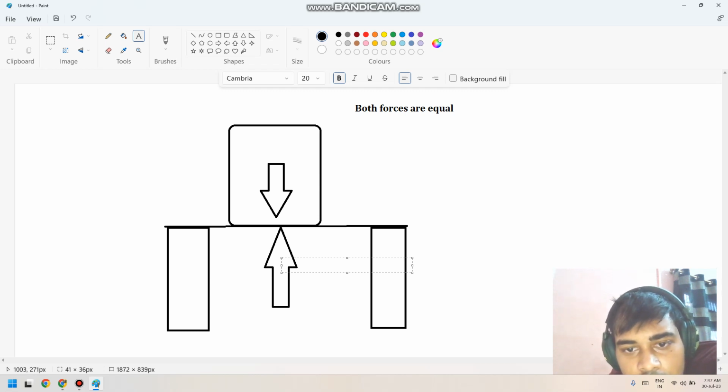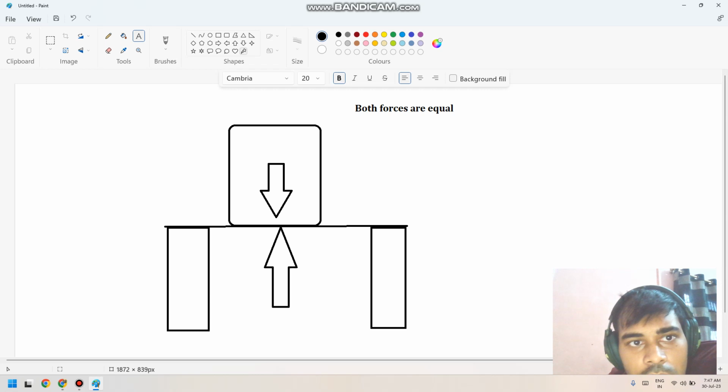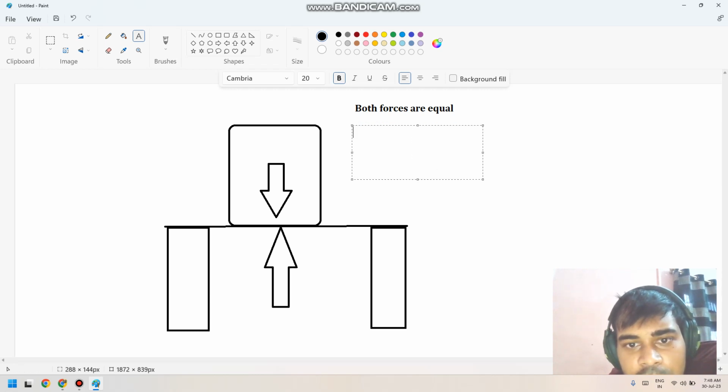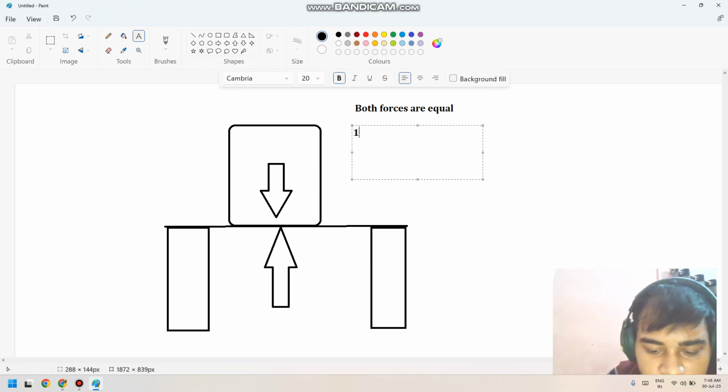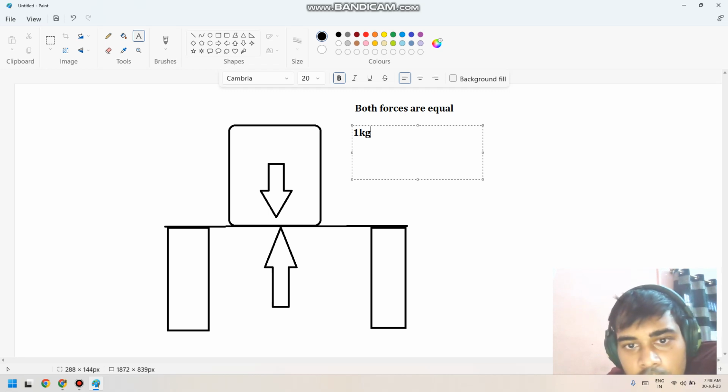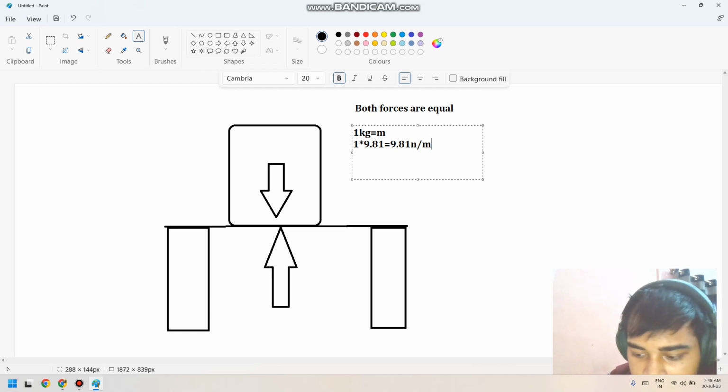cancel it out. Okay? Now, suppose the mass of it is 1 kg. If mass is equal to 1 kg, then what will be the force acting on it by gravitation? It will be 1 times 9.81, which is equal to 9.81 Newton.